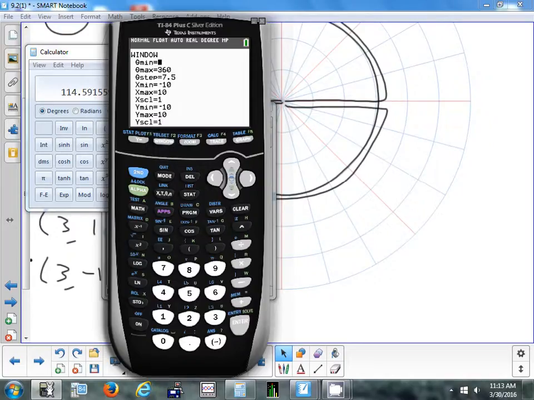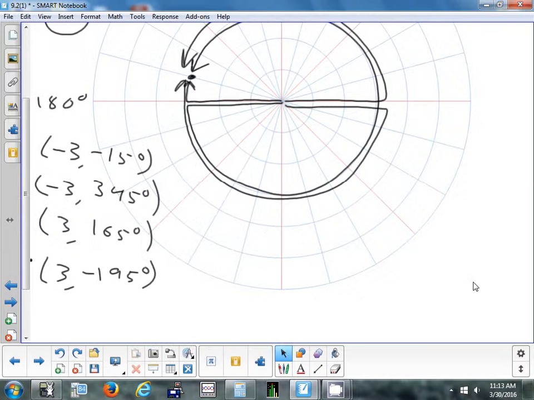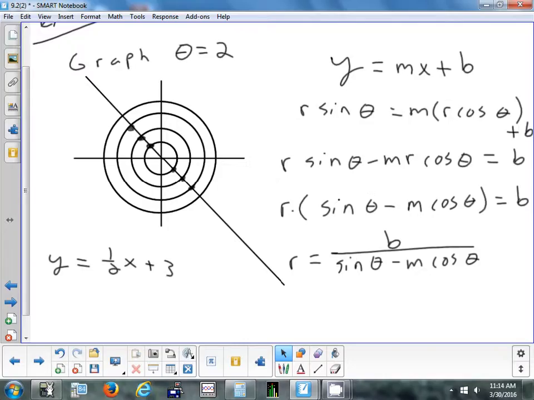Okay? If I did negative 180 to 180, still going to get the same picture. Actually, I think it looked pretty much the same. Okay, as long as you pick anything that's a 360-degree interval, you'll get the same picture. Okay, any questions on that? Okay, so there's your equation for a line in polar.